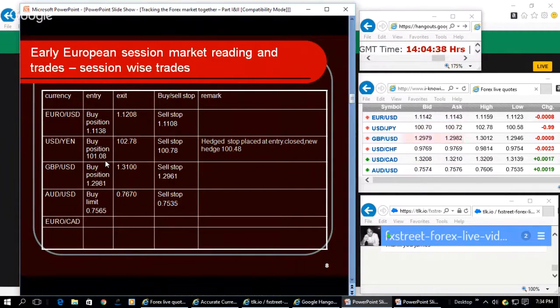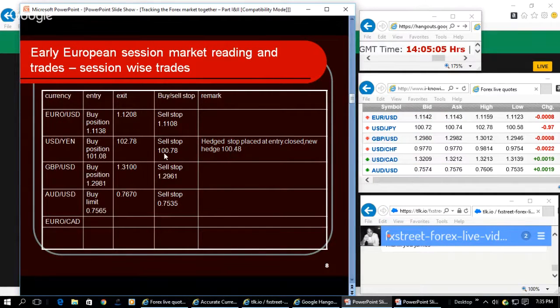Before that, I kept the buy limit order in the case of USD/JPY around 101.08. That was the low set for the day at that time. As I explained, they wanted to make a further downward move. When I was talking to you, USD/JPY was around 101.52, and it came down 50 pips from there.